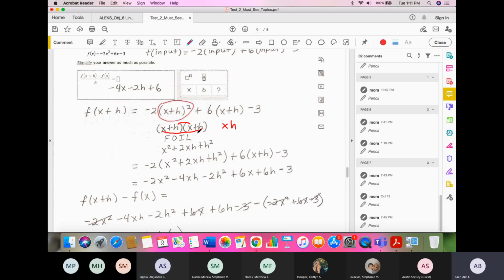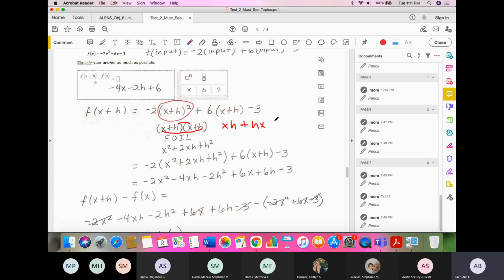So we've got xh from the outer 2. From the inner 2, we have hx. Does that make sense? Yeah. Now you can switch the order you multiply. Multiplication's commutative. This is multiplication. So is this. It doesn't matter which order we multiply. 5 times 3 is the same as 3 times 5.